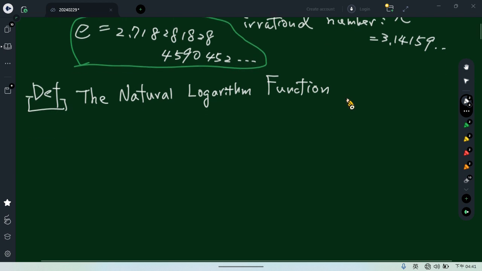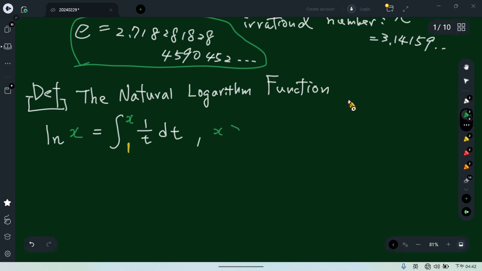It will be defined just like this: ln x, with x as its input. I define it as the integral from 1 to x, the integrand is 1 over t dt. And x should be a positive number.